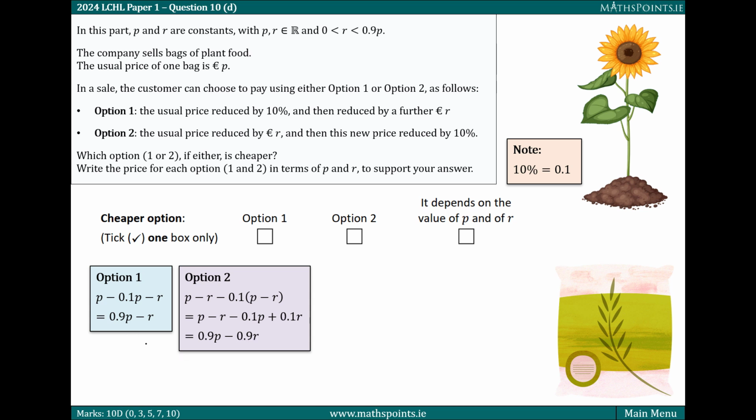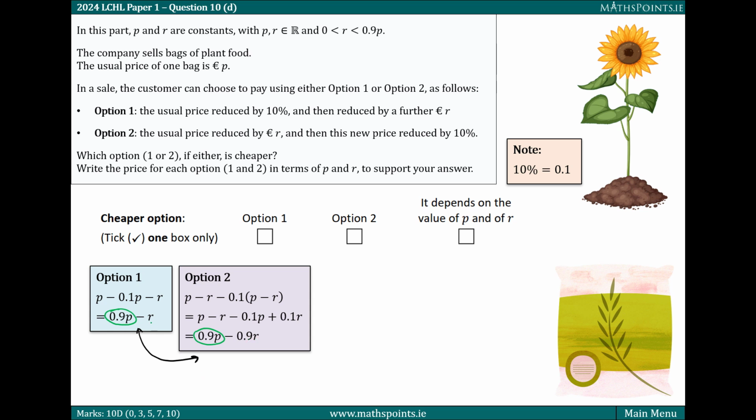Now, you might be looking at these two expressions and saying, well, it's kind of hard to tell which of these is cheaper. Well, not really. If we think of 0.9P, that's 90% of the usual price. They both have that. And then in option 1, you're subtracting a full R, whatever R is, the amount that we're taking away. But in option 2, you only end up subtracting 90% of that, 0.9R.